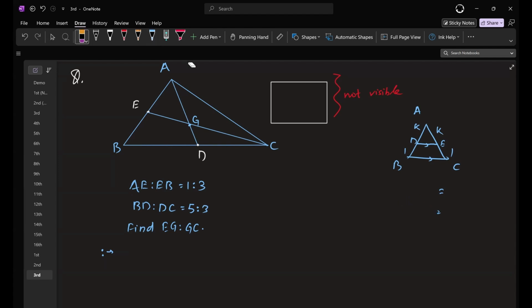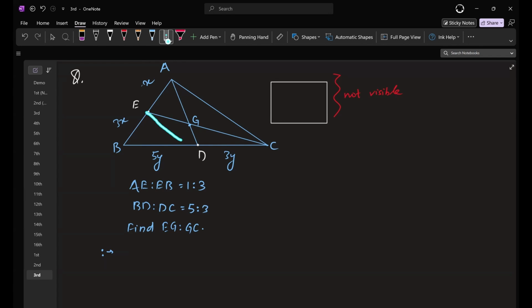So like that we have to make something out here as well, because AE is to EB is given, right? This is 1 is to 3. Let's say this is x, this is 3x. This is 5y, this is 3y. Now we have to find EG is to GC. So again, we have to apply that. And to apply the basic proportionality theorem, we would like to have a parallel line, right?